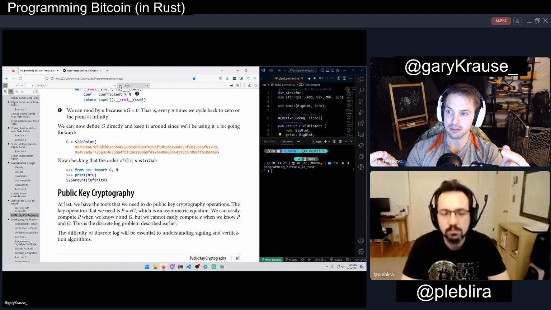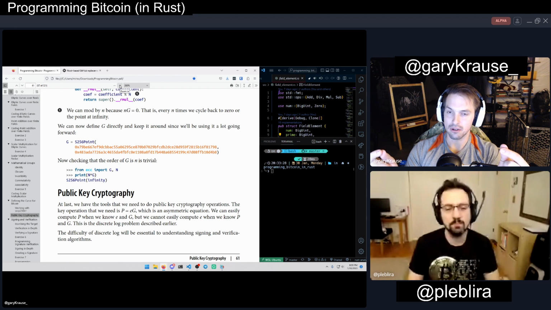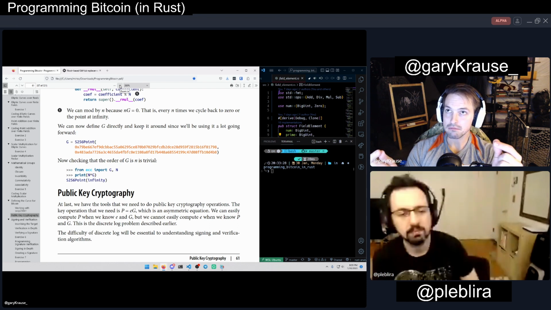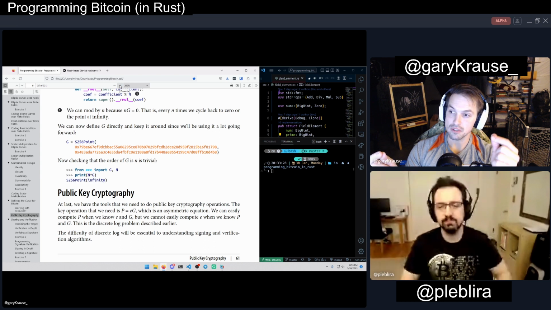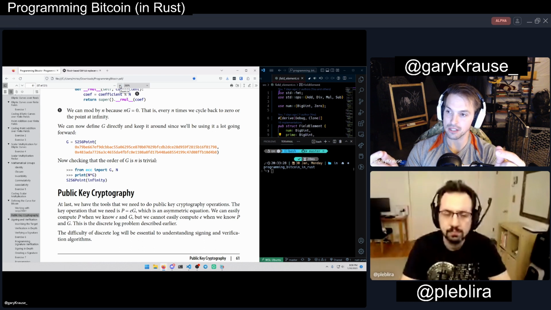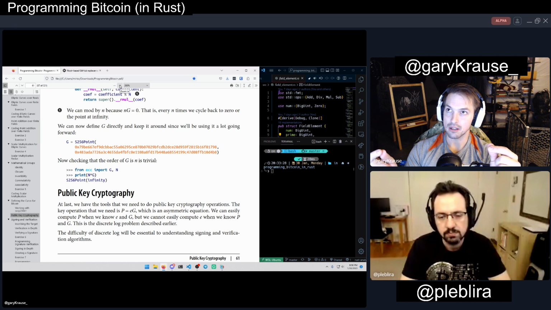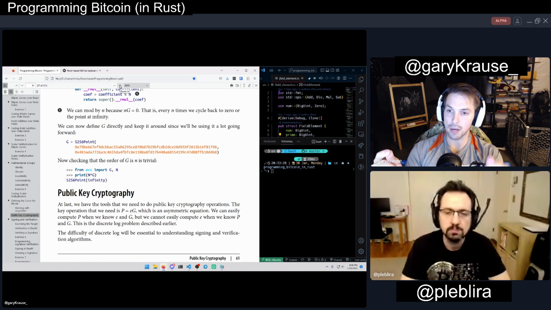Are you tracking? Okay. And then when you want to spend or transfer that UTXO, you're signing a new transaction, but you're giving it a new public key, and that new public key is now the target, right?